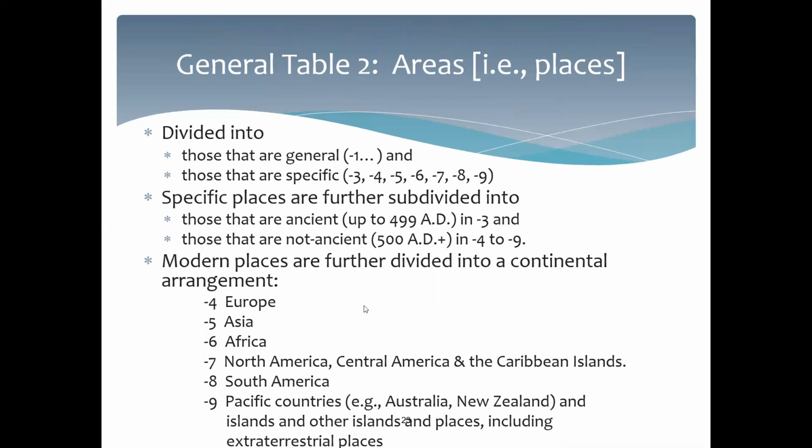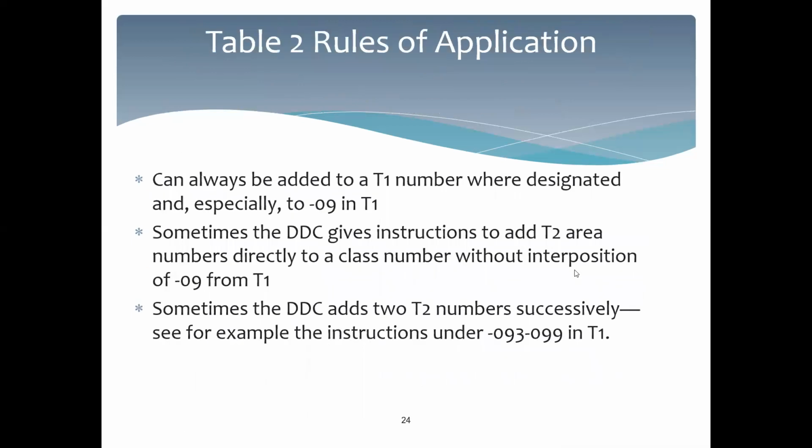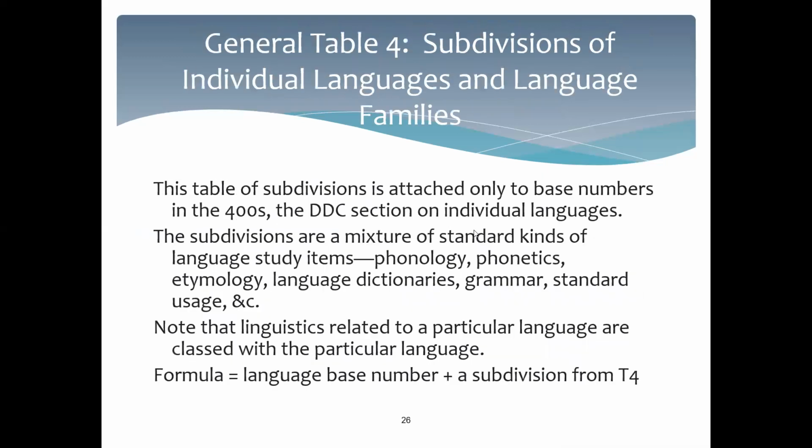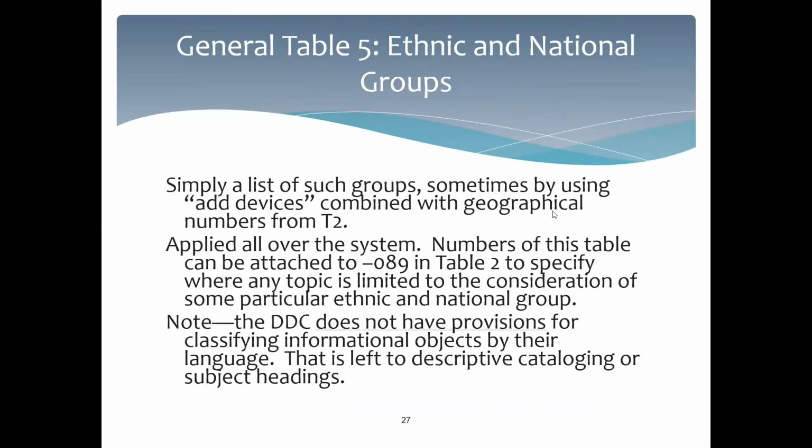So Table 1 is general, all kinds of things, including forms like periodicals and textbooks. Table 2 is places, geographic areas. Table 3 is related to arts and literature. Table 4 is related to individual languages and language families. Table 5 is people.